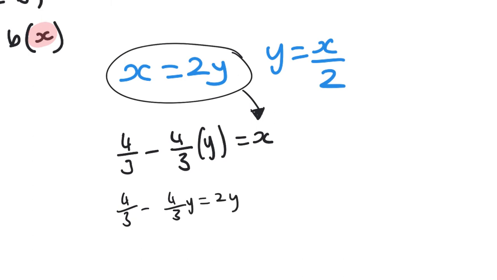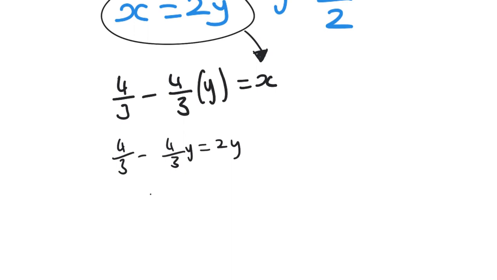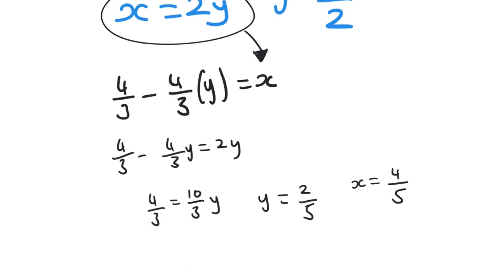So then if I do 2 plus 4 over 3, I'm going to get 10 over 3. So 4 over 3 equals 10 over 3y. So then that means that y equals 2 over 5. And then x equals 4 over 5, because we know x equals 2y.